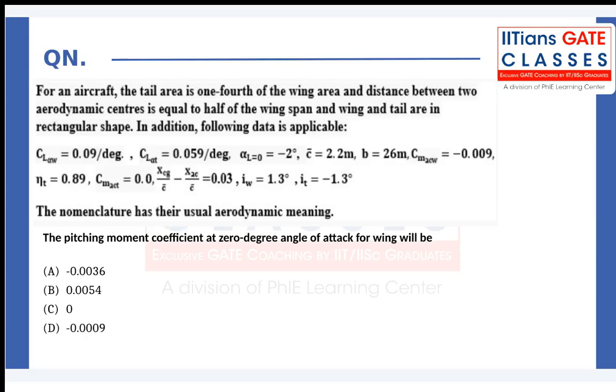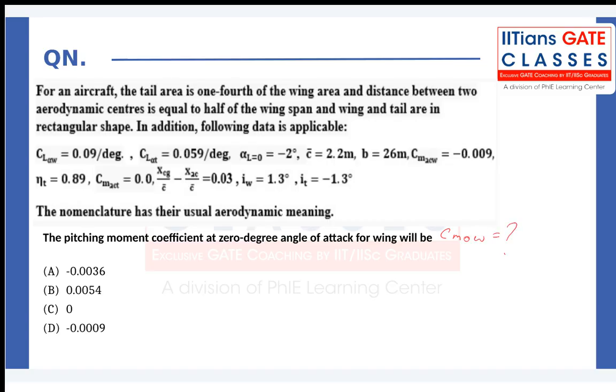Pitching moment coefficient is Cm. At 0 degree angle of attack, Cm naught. And for the wing, it's Cm naught W. This is what is being asked.